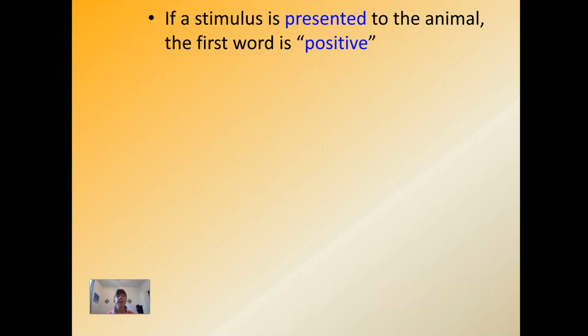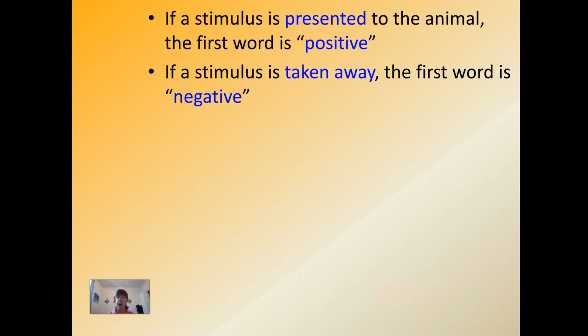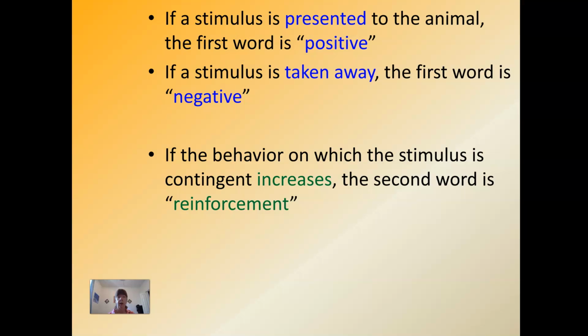So if you present a stimulus to the animal, the first word is positive. If you take away a stimulus, the first word is negative. If the behavior on which the stimulus is contingent increases, the second word is reinforcement. So if you want the behavior to increase, you're going to be using reinforcement.